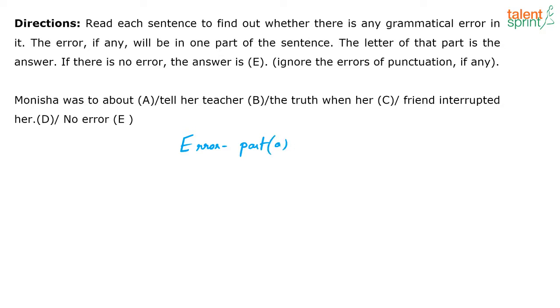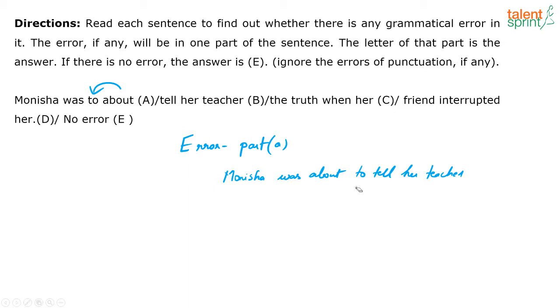If I interchange, Monisha was about to do something. What is that? To tell her teacher. Right? So all I have to do is just interchange this, right? So about comes before to, and not the other way around.